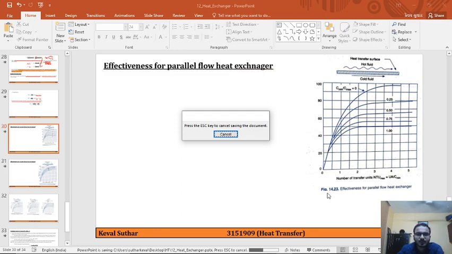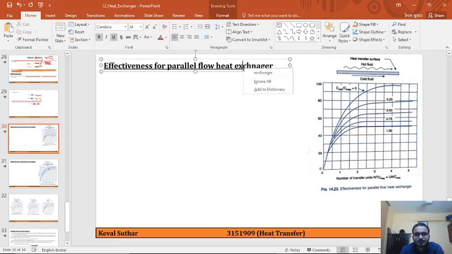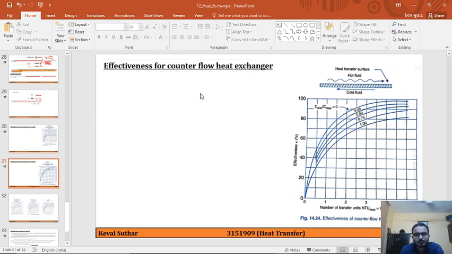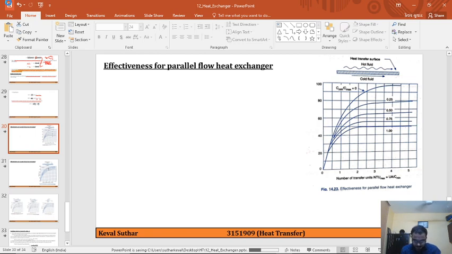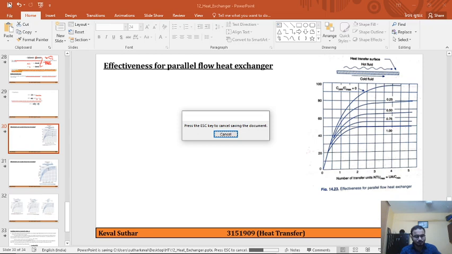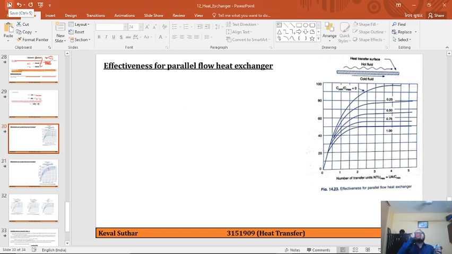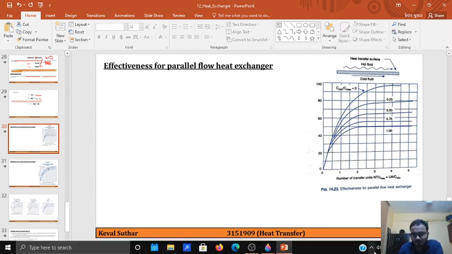So our next theory is effectiveness for parallel flow heat exchanger. So let's begin derivation of this.